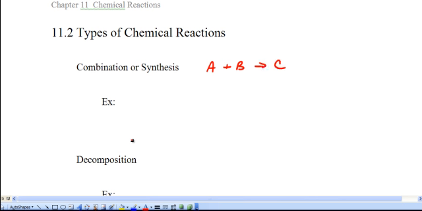A good example of that is simply taking nitrogen gas and hydrogen gas and forming ammonia gas. I'm not going to balance these right now. We'll leave them as skeleton reactions or skeleton equations. But the idea of just making one product, that's the idea of a combination reaction.